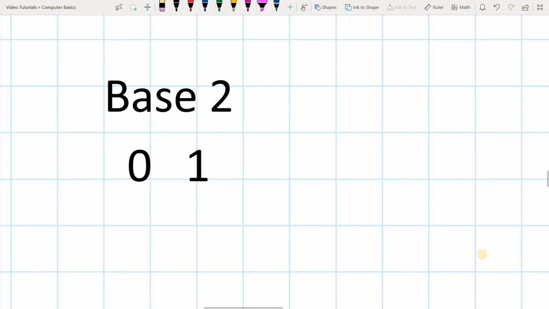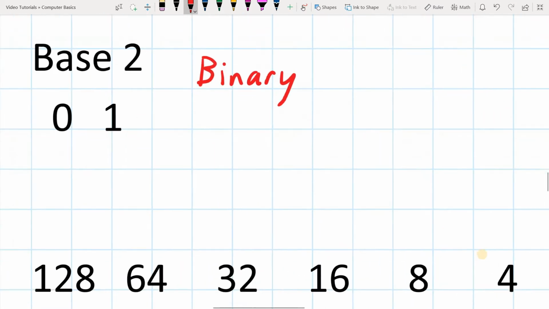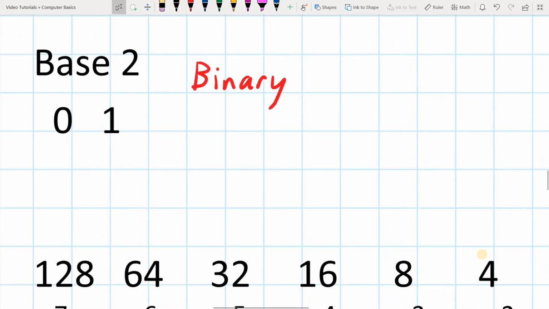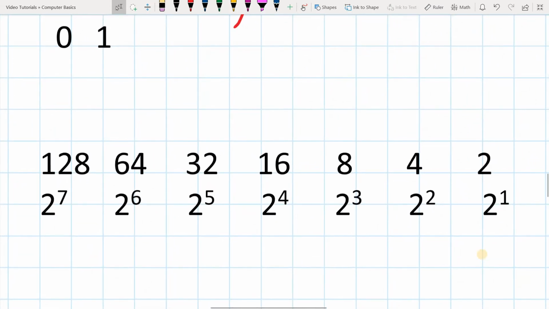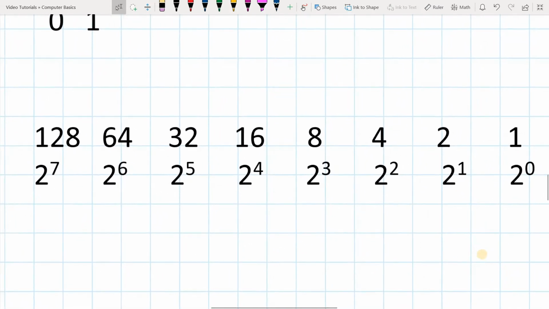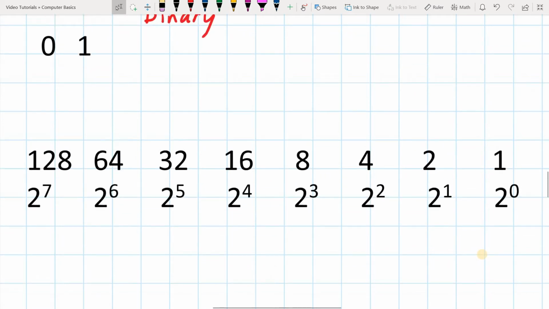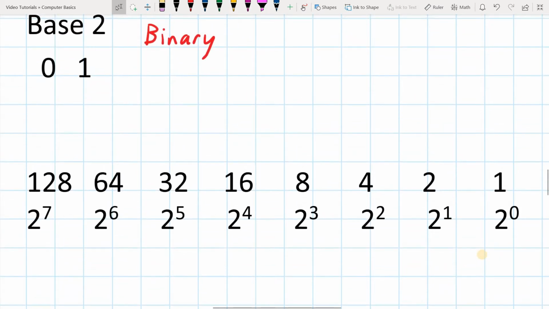Well, first I should tell you that this system is more commonly known as binary. That's the name that we typically use to talk about base 2. It's the binary system. So similar to the base 10 system, since our base is 2, we have powers of 2 here.